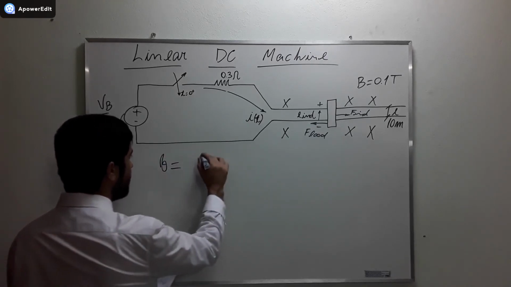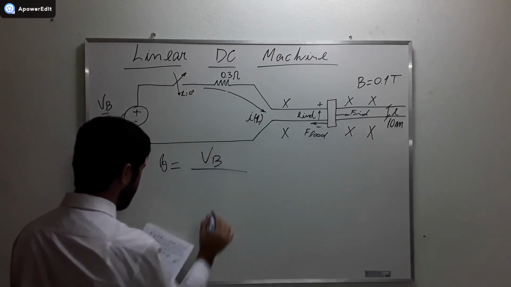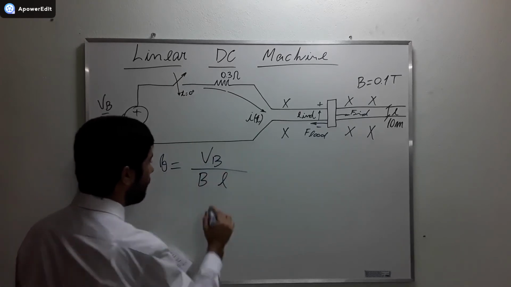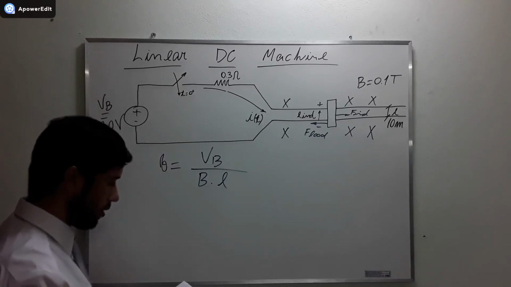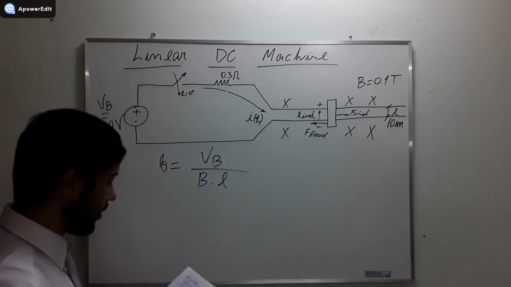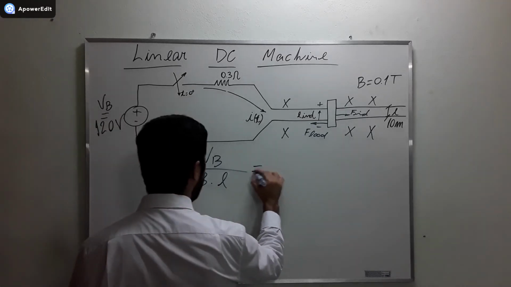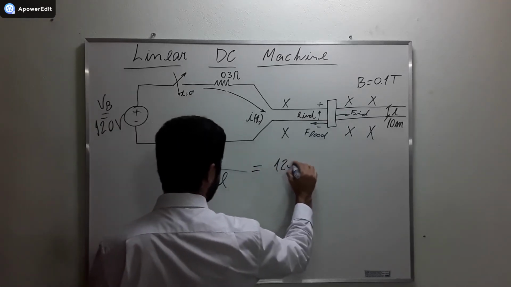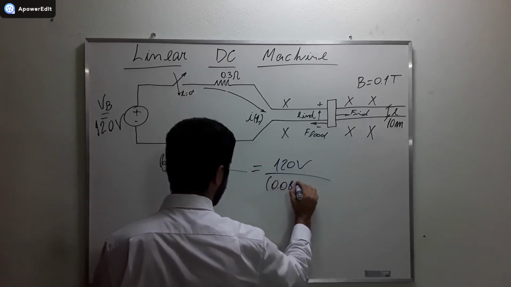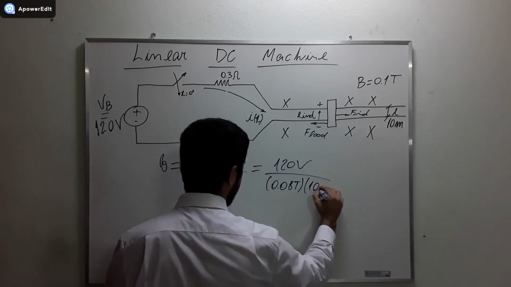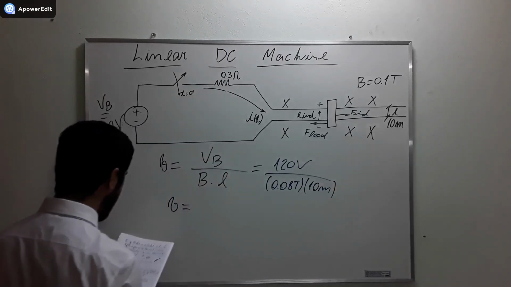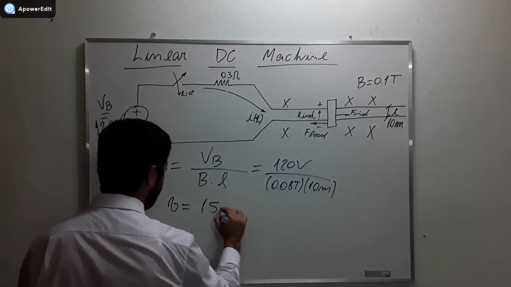The velocity is going to be Vb divided by the magnetic flux density times the length of the separation of the rails, and then we simply plug the values here, divided by 0.08 Tesla, 10 meters, and then we find that the new velocity is bigger.